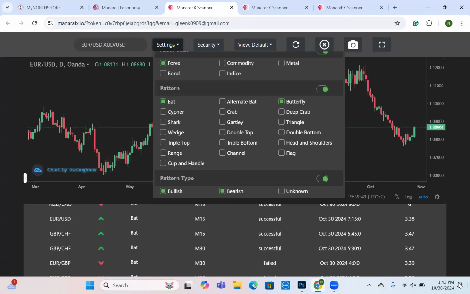You will see people saying some kind of things in the comment section. I'm going bullish. I'm going long. I'm going short. If you're not a trader, you might not really understand what people are saying. So there are different terms when it comes to trading. Bullish means buy. Long as well means buy.